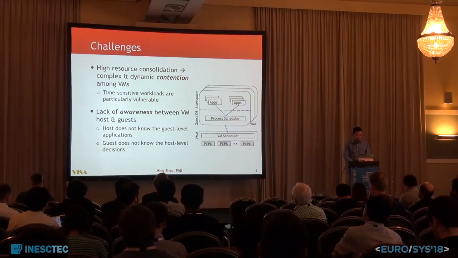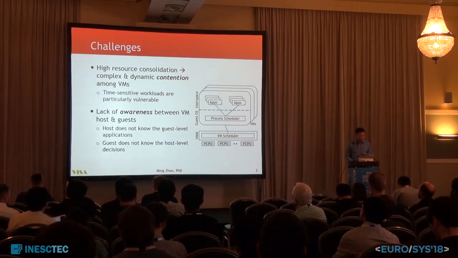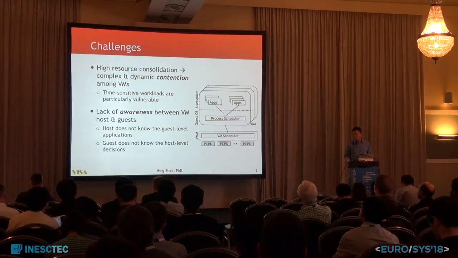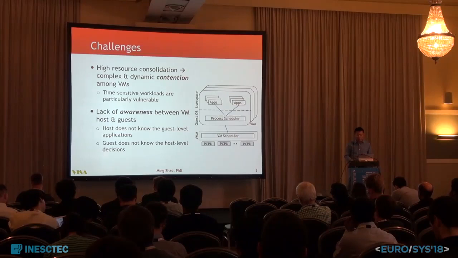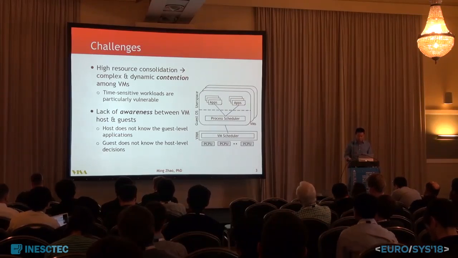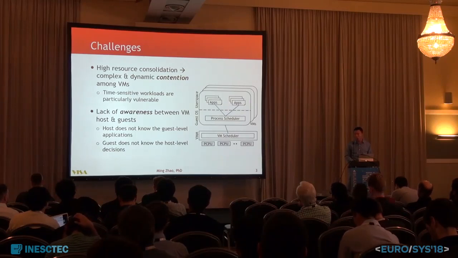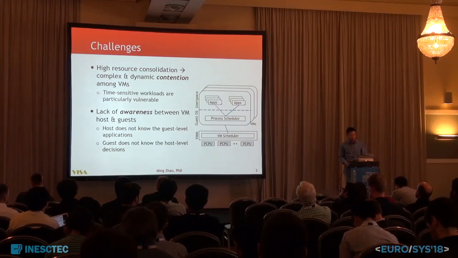We believe that the main challenge to supporting these types of applications in the cloud is because the success of cloud is based on resource consolidation, high resource consolidation. And because of the high degree of consolidation, there's complex and dynamic contention among the virtual machines. And time-sensitive workloads are unfortunately particularly vulnerable to this contention.